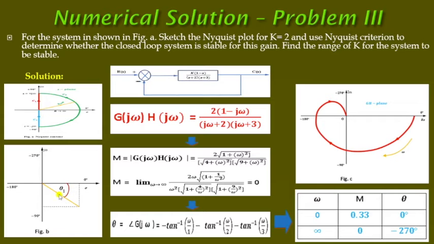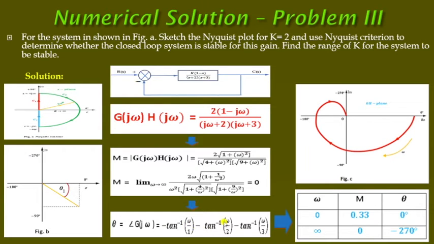So this angle is the only negative angle. That means theta 1 equals minus tan inverse omega by 1, and this angle is minus tan inverse omega by 2 minus tan inverse omega by 3.